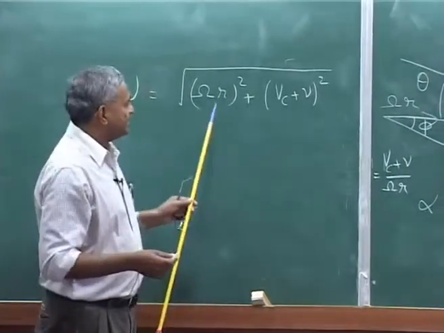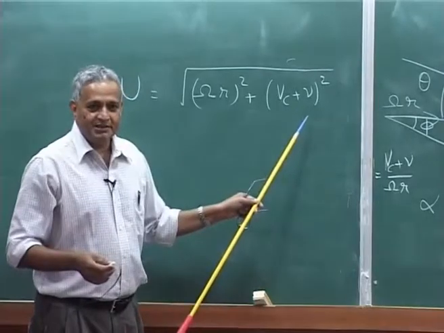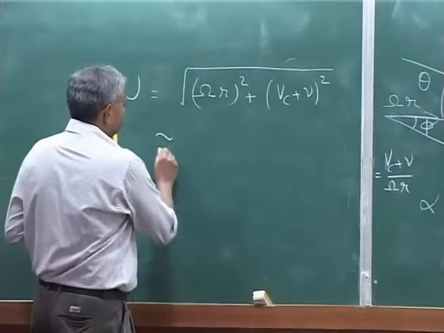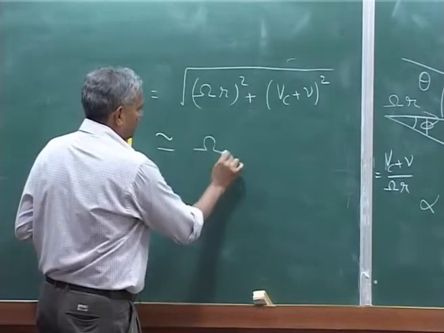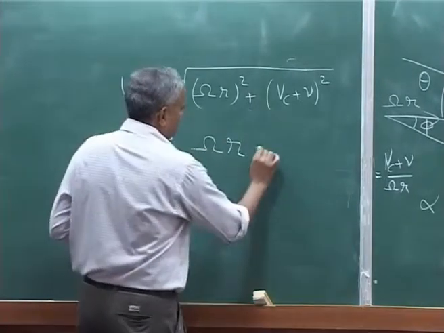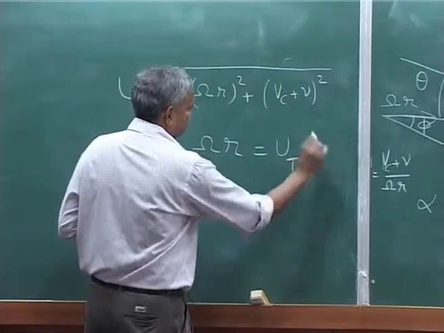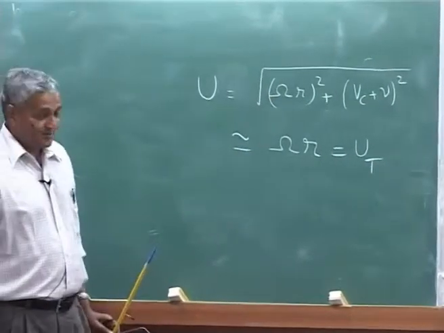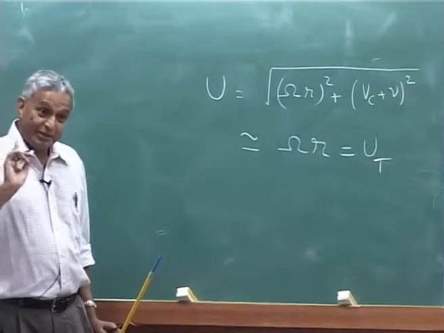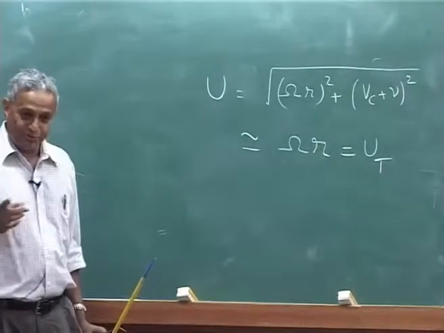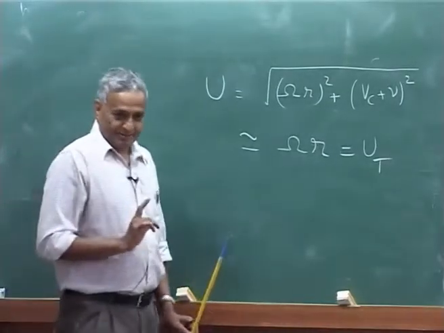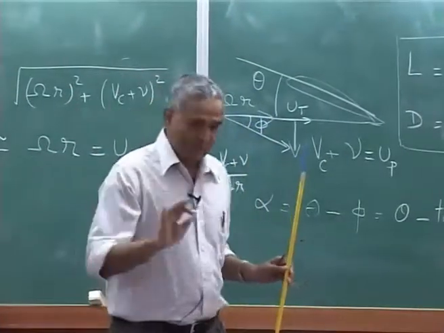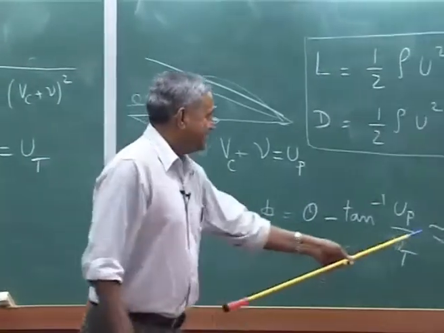So, when omega r is large, this is a small quantity, which is basically ut, okay. So, I represent my u as ut, resultant velocity as ut, okay, but that does not mean I change the angle of attack also, I keep alpha as this.